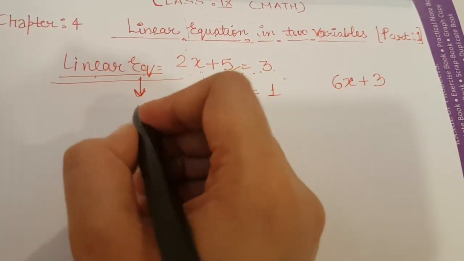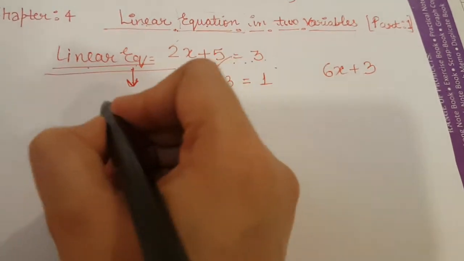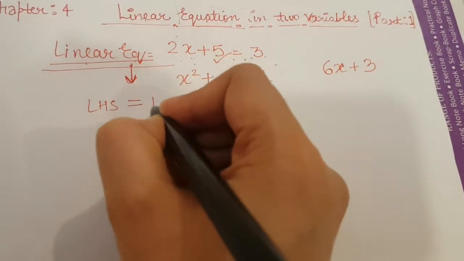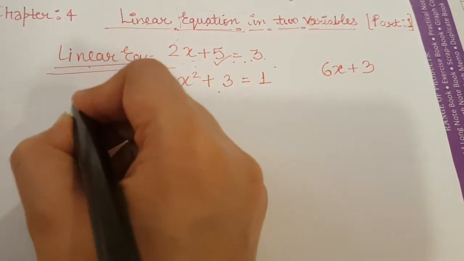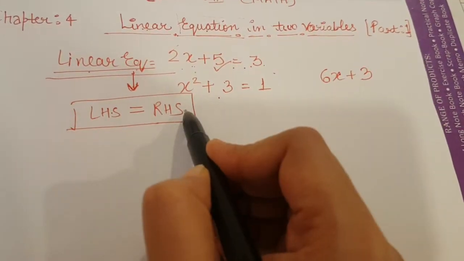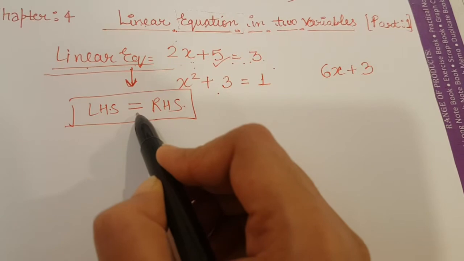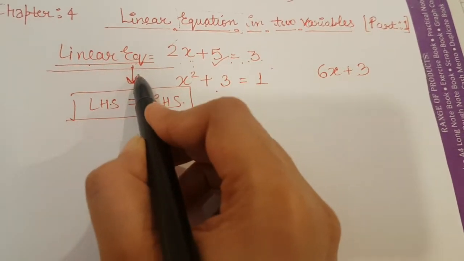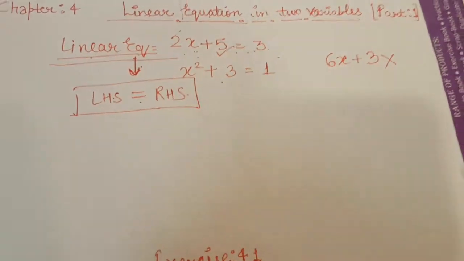Then that equal sign should be there, and LHS and RHS, two sides should be there in the expression. Okay, two sides should be there in the expression and equal sign also must be there, then it will be an equation. So cross it because it is not an equation.